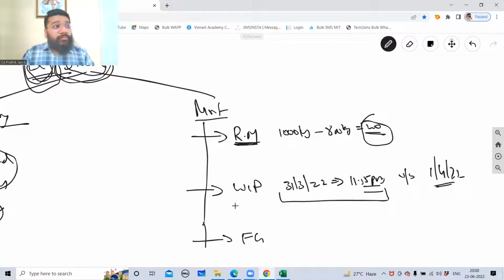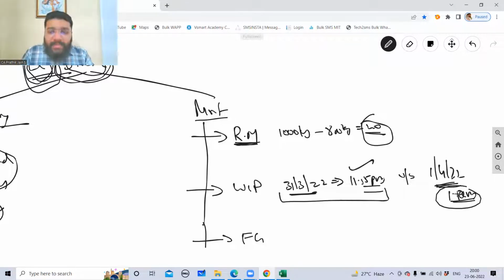The day before, you had mixed all the ingredients and formed the batter by 11:55. When you kept it for baking, the baking process got completed on 1/4/2022 at, let's suppose, 1 a.m. Baking takes 1 hour, I suppose. So at 1 a.m. the baking is over and my cake is ready.